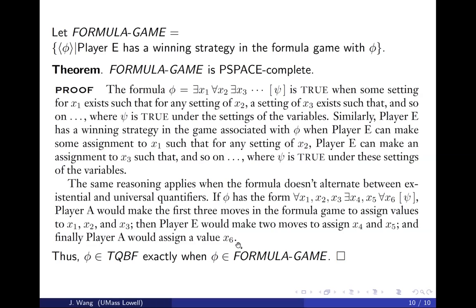So that is a second PSPACE complete problem. In your homework, I asked you to look at a man-made problem which depends on the Turing machine halting problem to be also PSPACE complete.